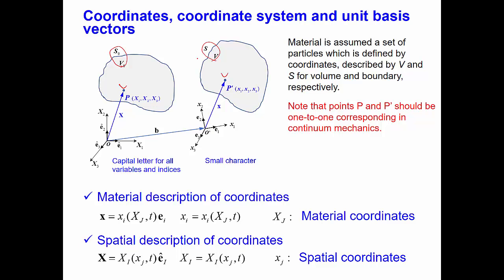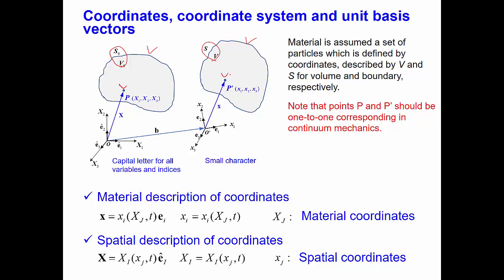There are two configurations of the material, that is, initial and final configurations. The initial configuration describes the material before deformation, while the final configuration on the right side describes the current configuration of the material.